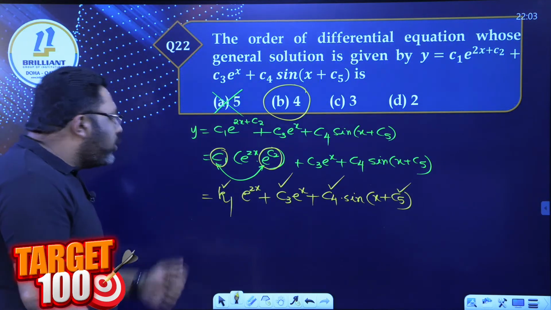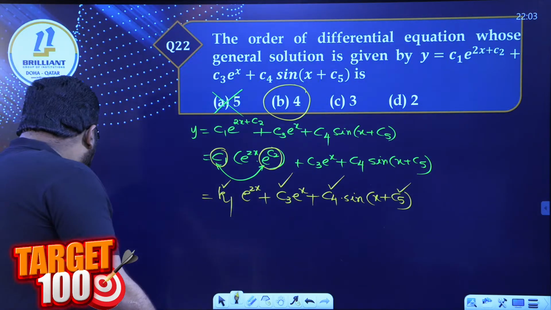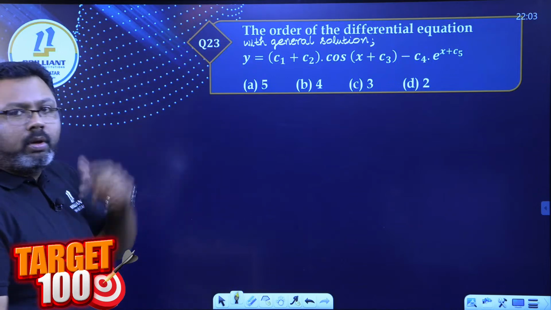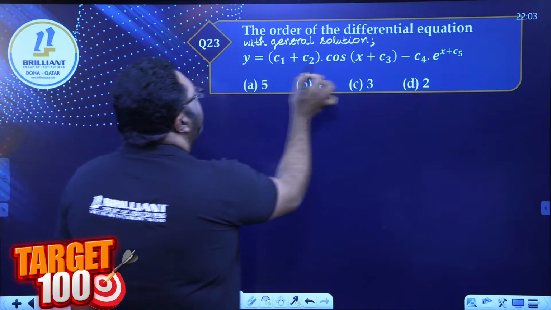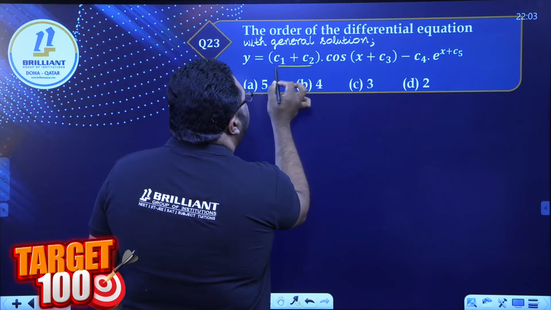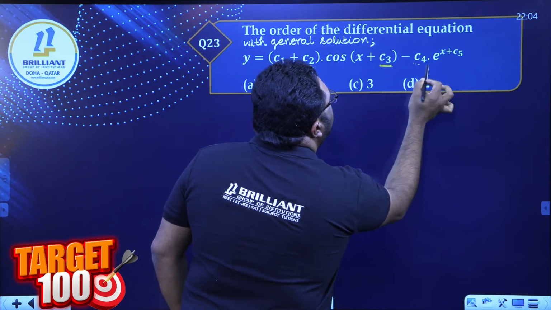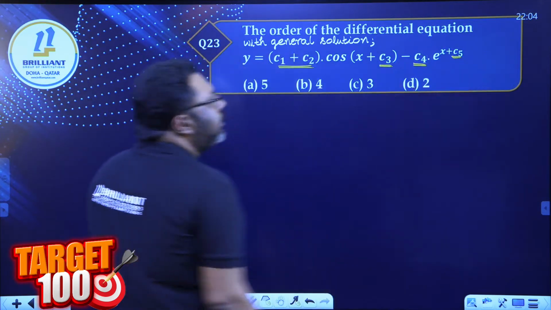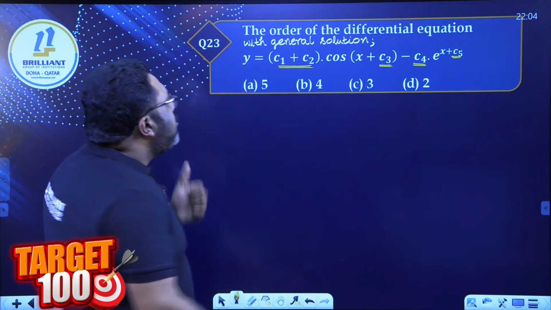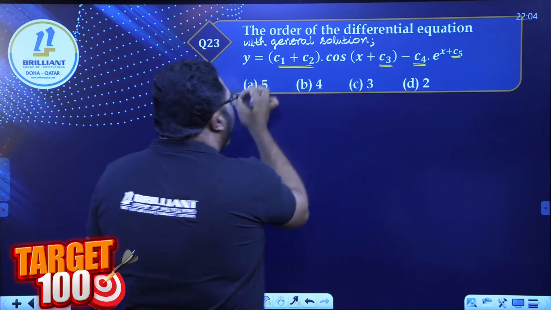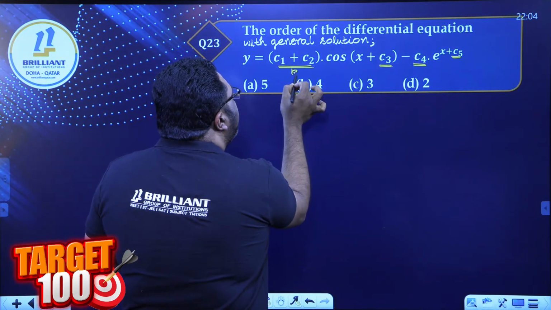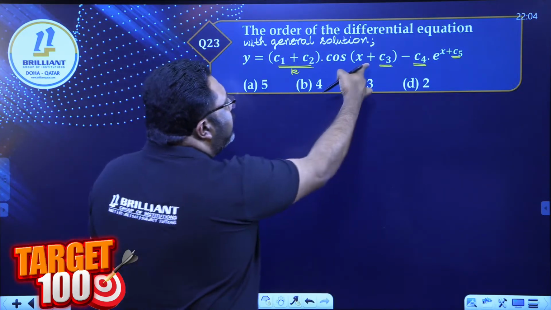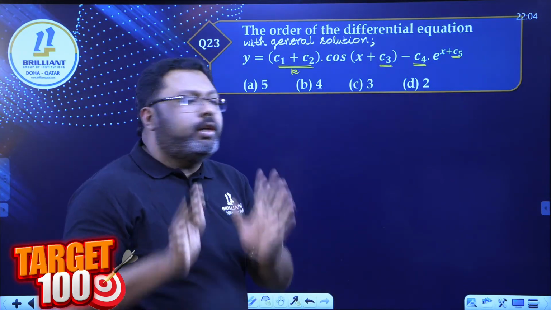Let me show you one more question quickly. I need 10 to 15 seconds for that. Do you see this question here? C1 plus C2, C3, C4 and C5. I can combine these. Normally you would say 5, but I can combine this and call it K1. But the C3 inside the cos function I cannot touch.